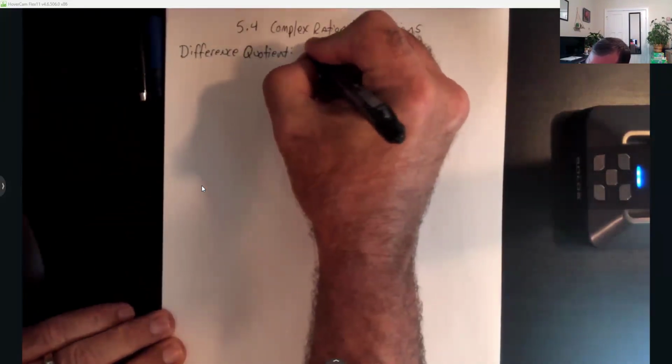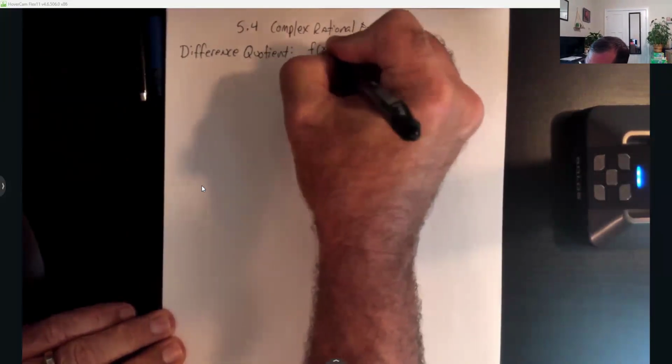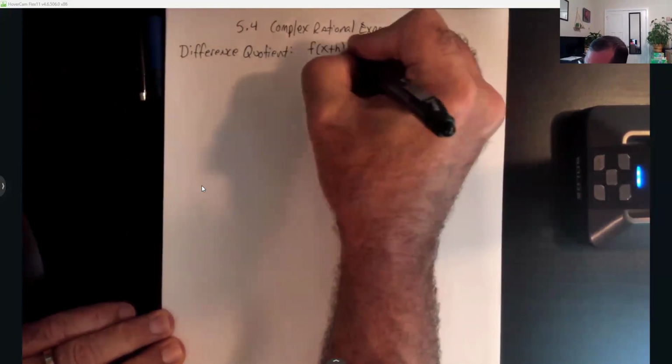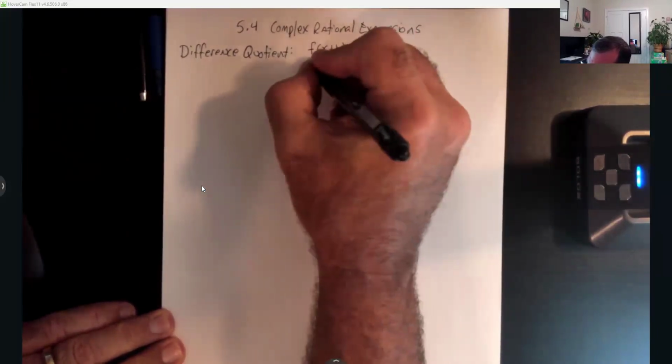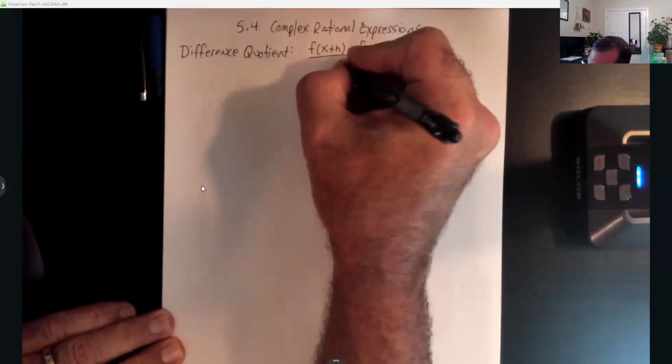And y'all, basically, the difference quotient is what we call a modified slope formula. Okay, so it is f of x plus h minus f of x all over h. Okay.